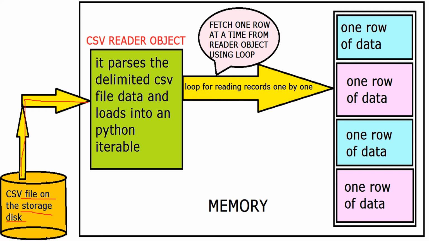It is the CSV reader object that parses the delimited CSV file data and loads it into the Python iterable. Once it is converted to a Python iterable, you can use a loop to access the records one by one. So you can fetch one row at a time from the reader object using a for loop. This is how you can separate the different rows of the data.